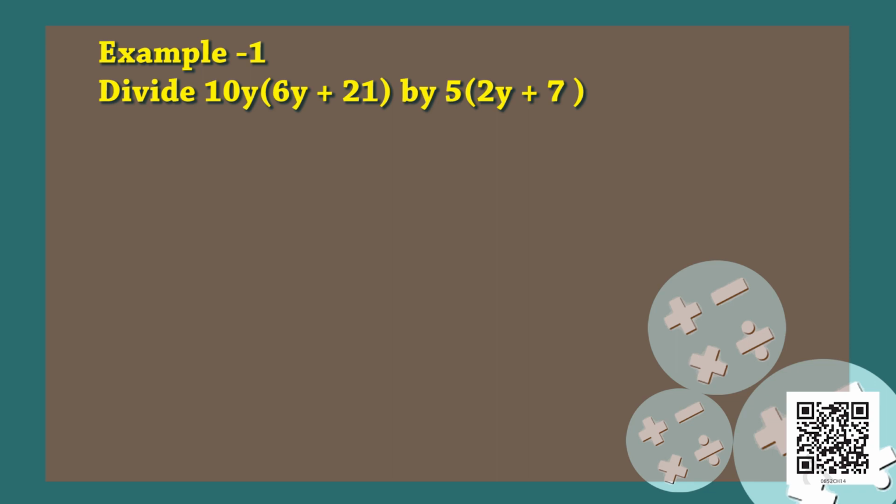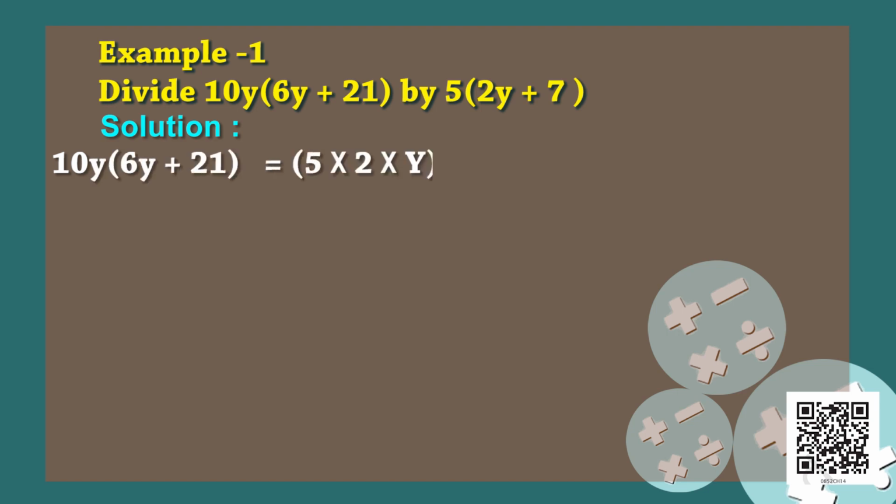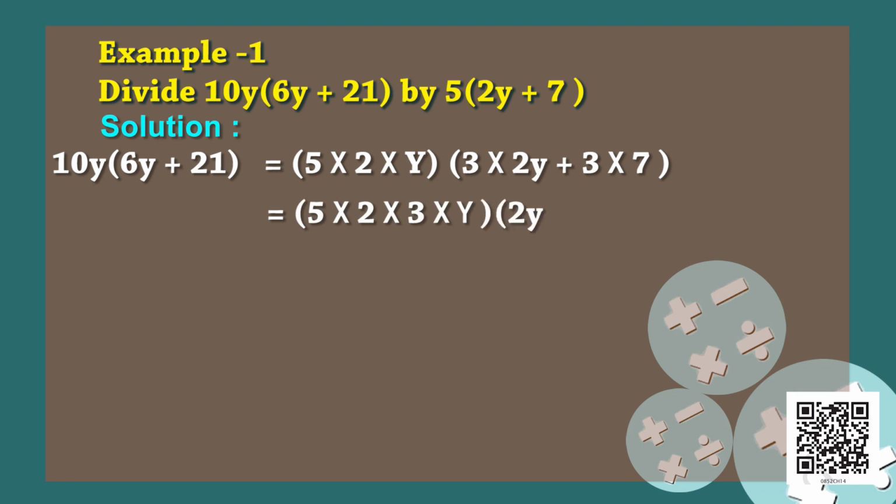First, look at the first term. 10y into 6y plus 21 is equal to 5 into 2 into y into 3 into 2y plus 3 into 7. So, by taking 3 as a common factor in the bracket term, we get 5 into 2 into 3 into y into 2y plus 7. Therefore, we are left with 5 into 2y plus 7 into 2 into 3 into y.